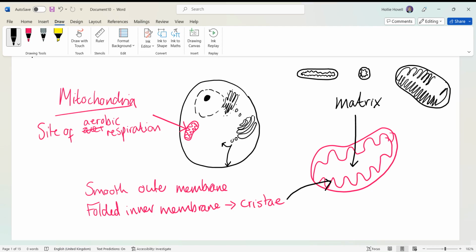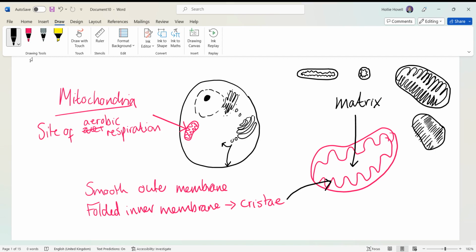I'm bored of drawing it. You see why we never draw it like this? It takes too long. But you're looking for something more like that. And in fact, often it might look to your eyes more like that. You can't always see this clear wavy line like a wave. They're actually really, really thin little folds.